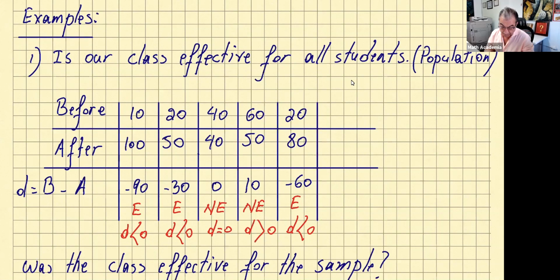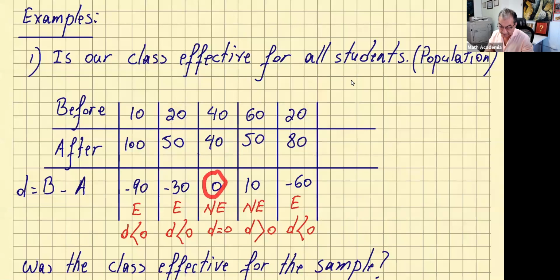Say I have a student in my class, I gave a final the first day and that student got a 10 out of 100, and on the last day of class, after going through the class and taking all the exams, he or she takes the final and gets 100. So the difference is negative 90. The second student gets 20 the first day, 50 the last day. The other student gets 40 the first day, no change, 40 the last day.